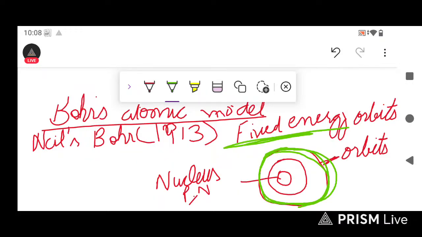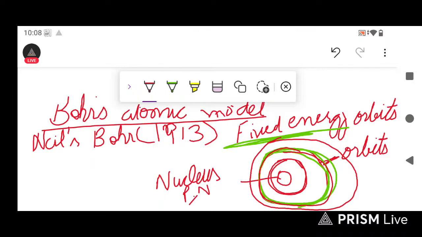If the electrons are in the first orbit, their energy is fixed. If they move to the second orbit, their energy is fixed. If they move to the third orbit, their energy is fixed. So different energy levels are available, and the electrons revolve around their fixed paths.